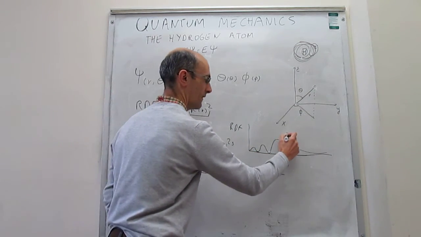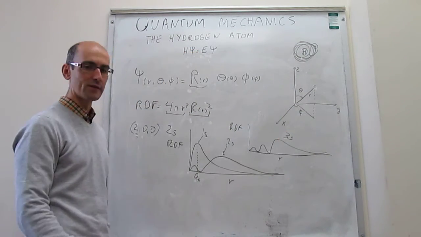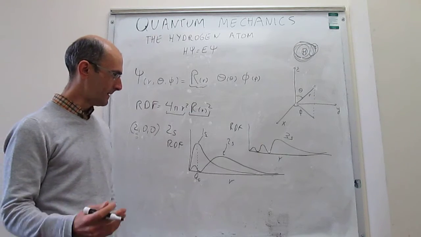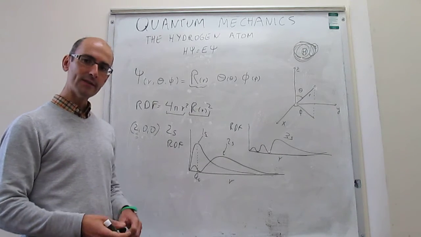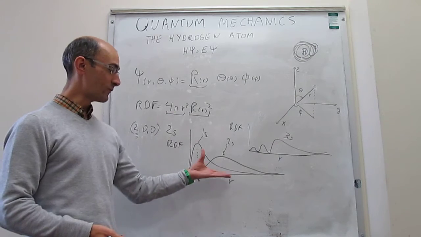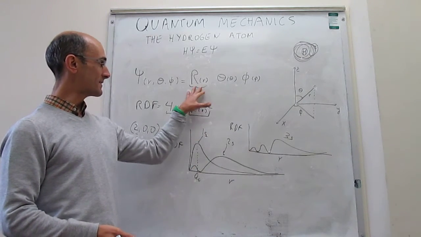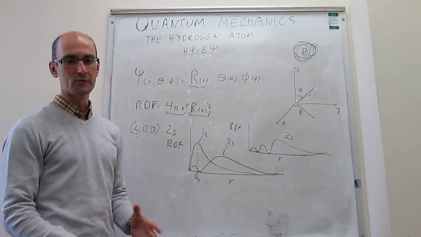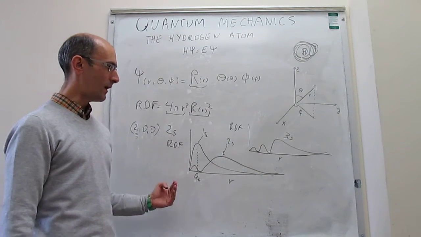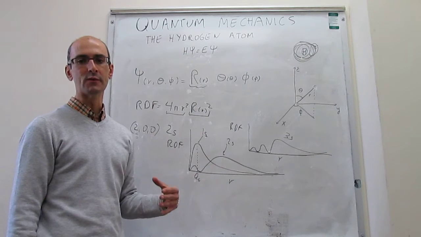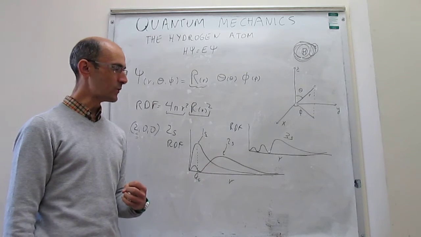That's what the radial distribution function for the 3s would look like. Notice that this is something we're learning about the electron in the hydrogen atom just by analyzing the radial part of the wave functions.